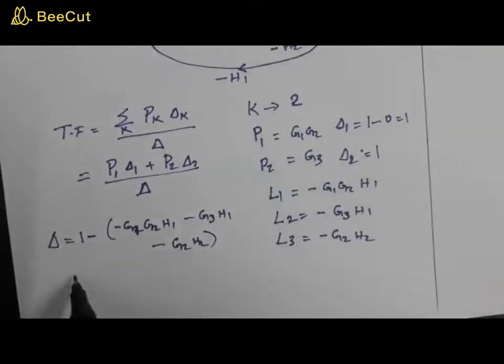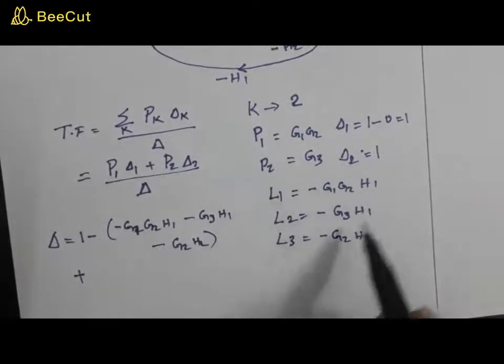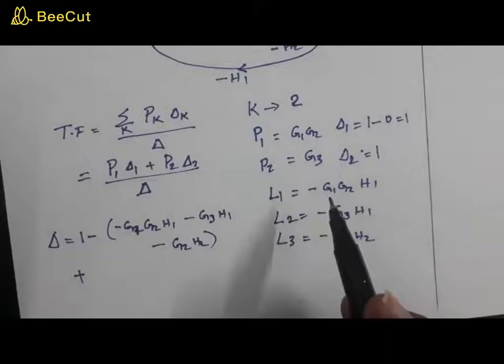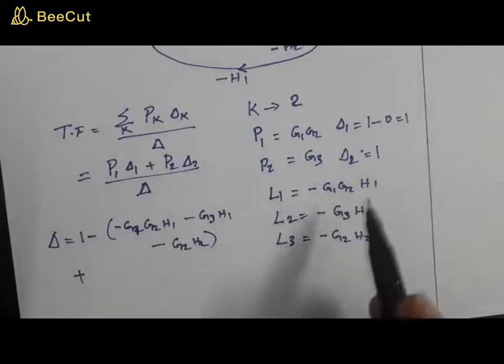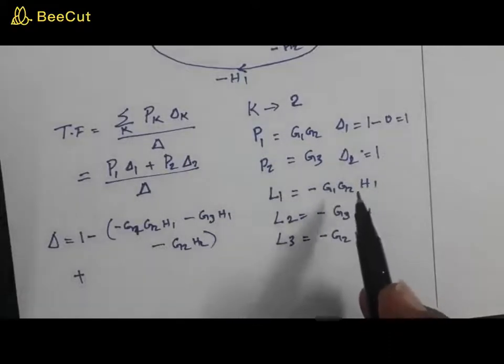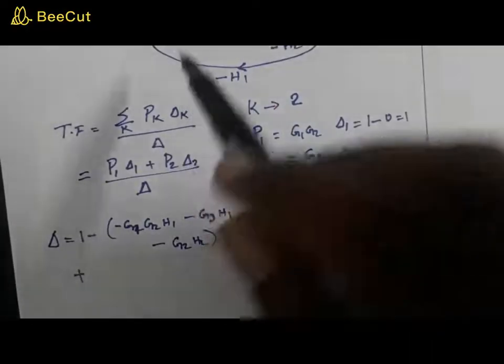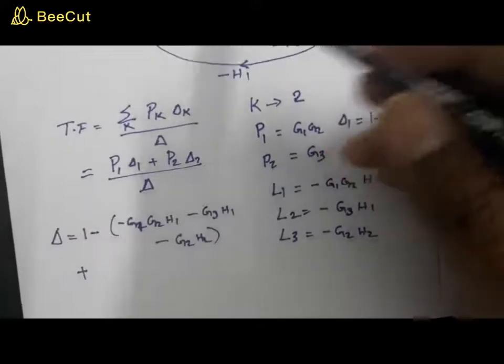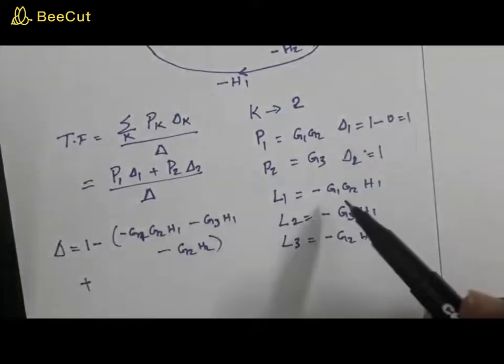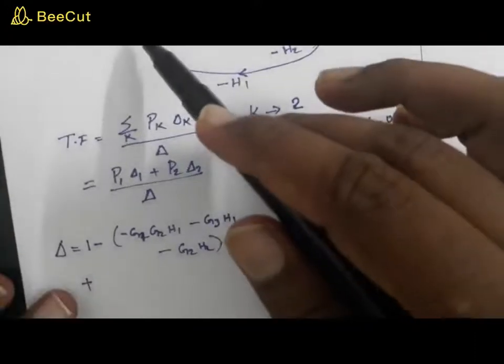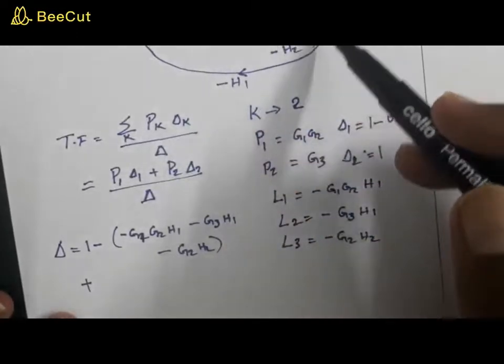Then you have plus. Okay, now how many of the loops are non-touching with each other? You cannot take a combination of any of the loops, because as you can see, every loop touches the others. I'll just give you an example. What about this G1, G2 and H1?